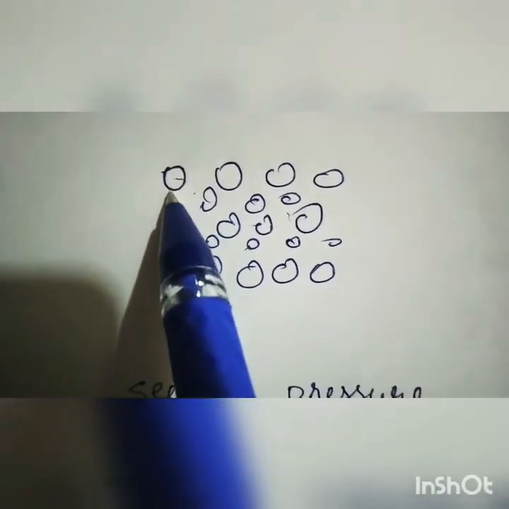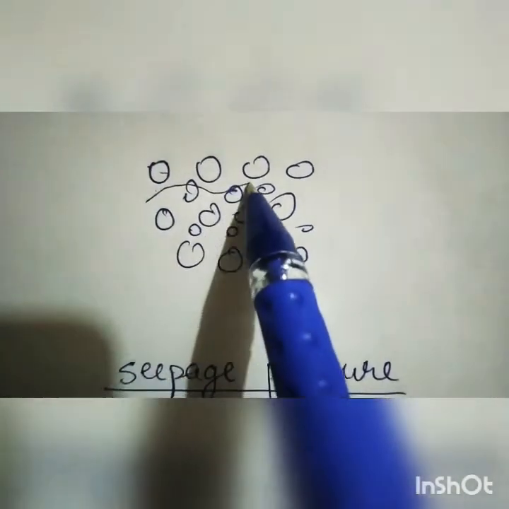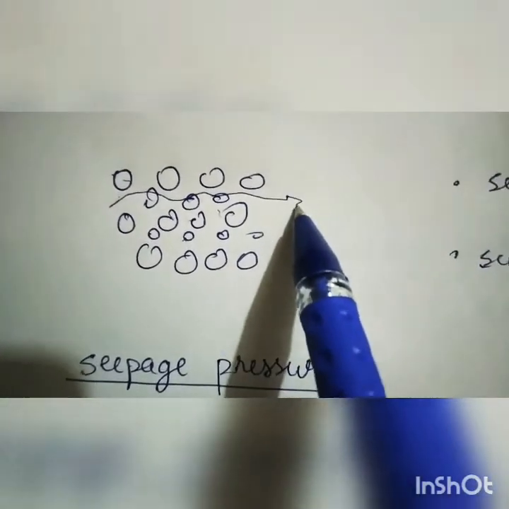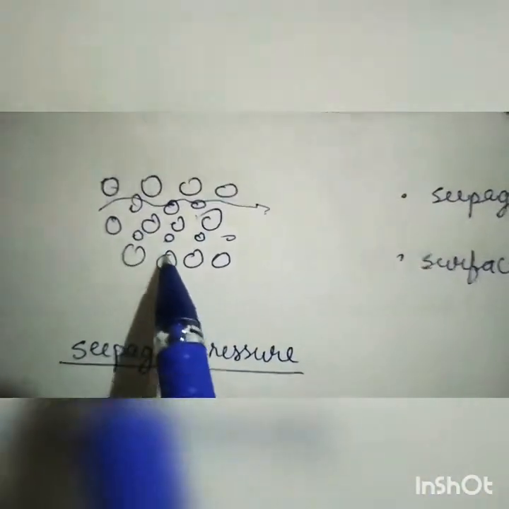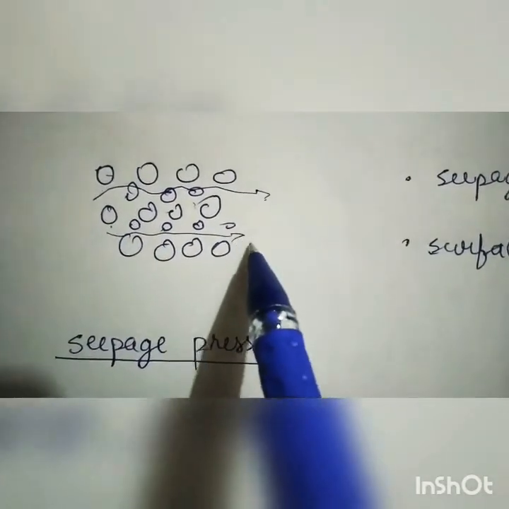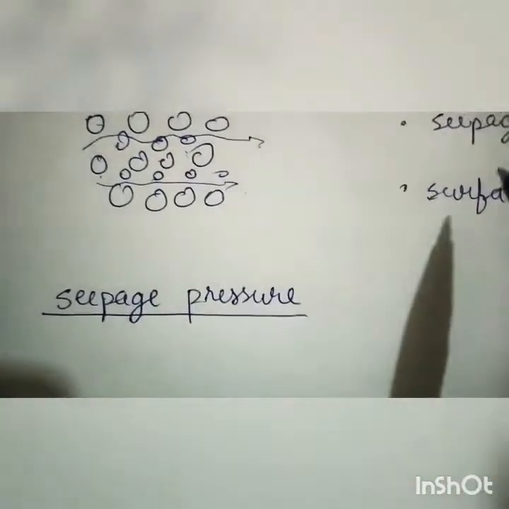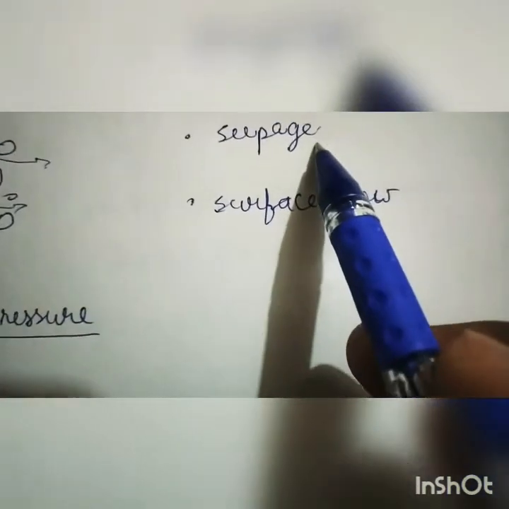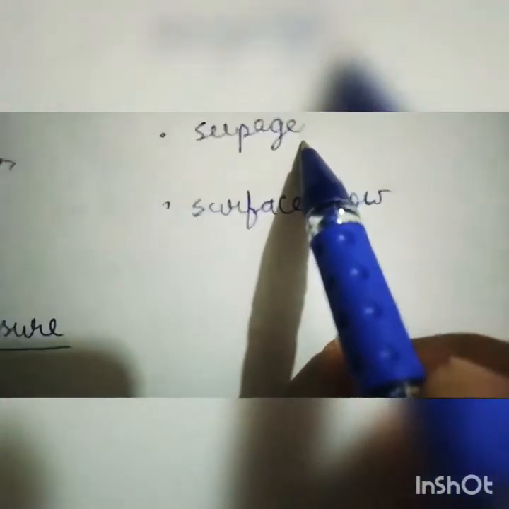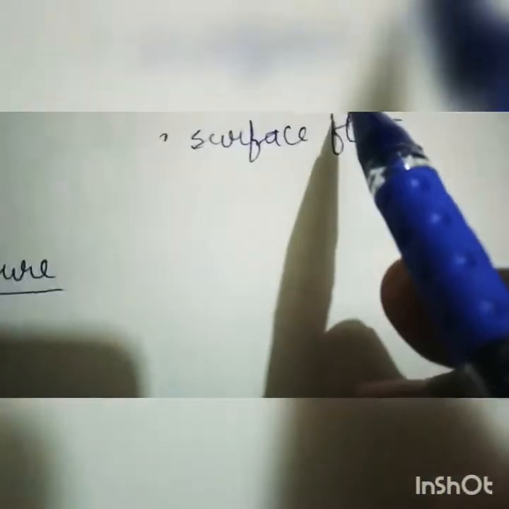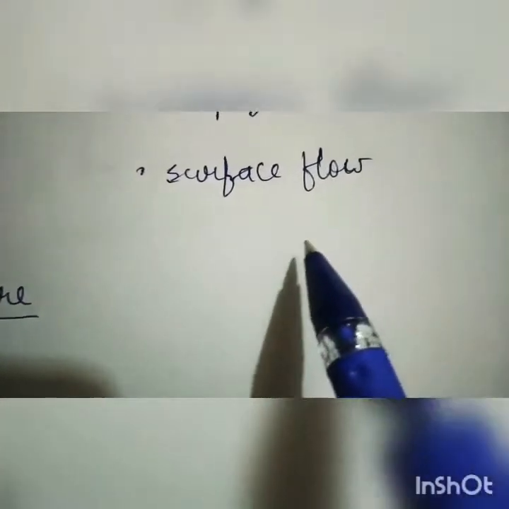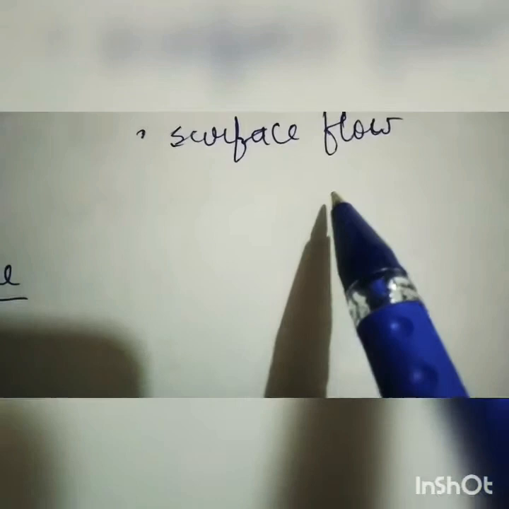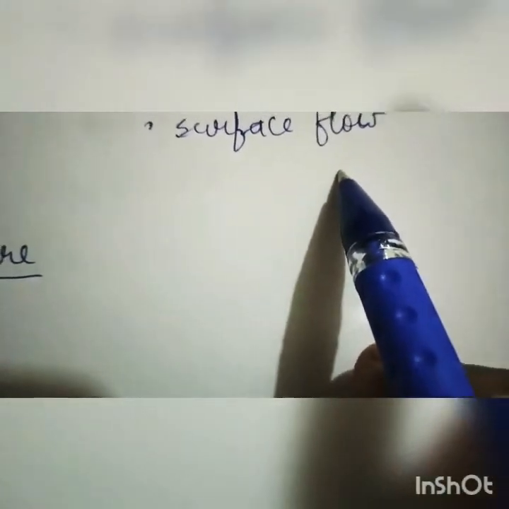So now let's take an example. Let's consider soil grains. The water will flow like this, in this way. When the water flows, we can say it in two forms. Either it is seepage, when soil structure is damaged by water, or second is surface flow, when soil structure is not damaged.